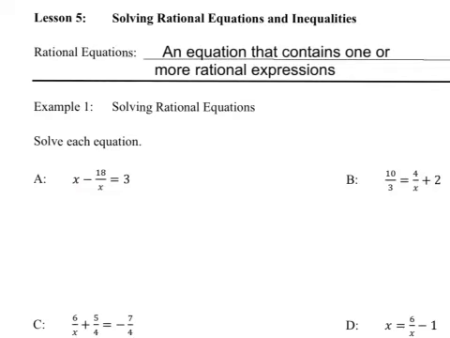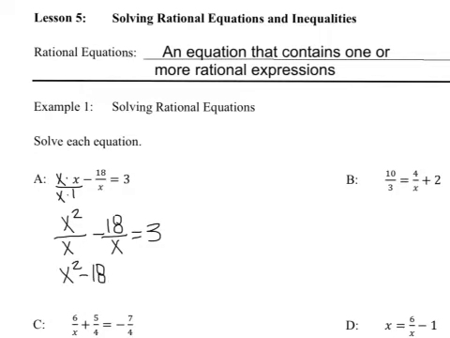So since we have an x on the right, we can just multiply by x on the left. Put it on the top and the bottom. So now we have x squared over x minus 18 over x equals 3. Now that we have a common denominator, we can do x squared minus 18 over x equals 3.